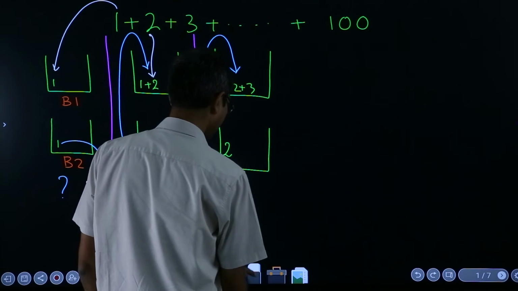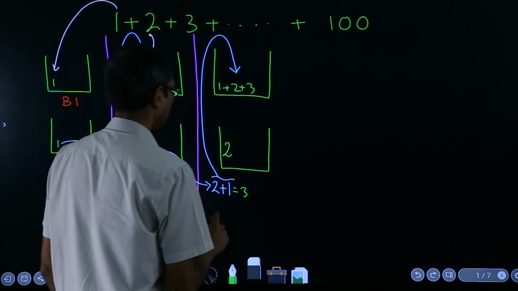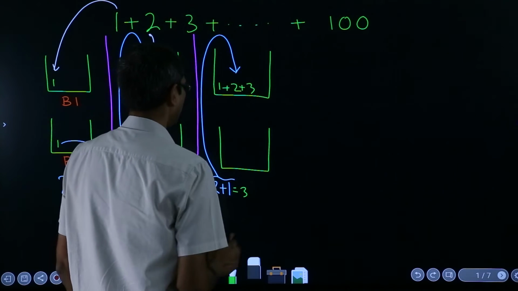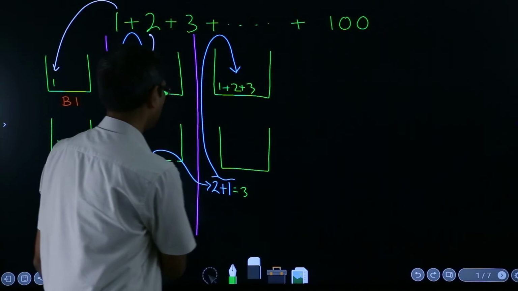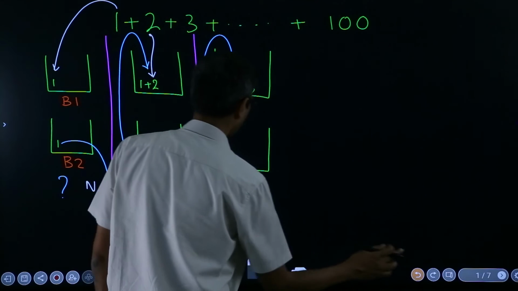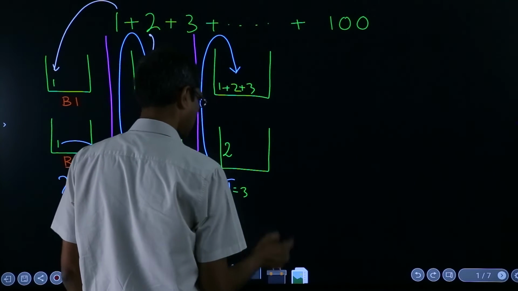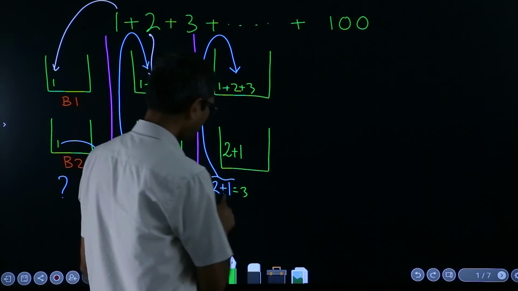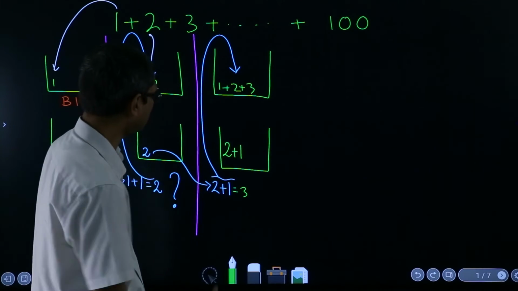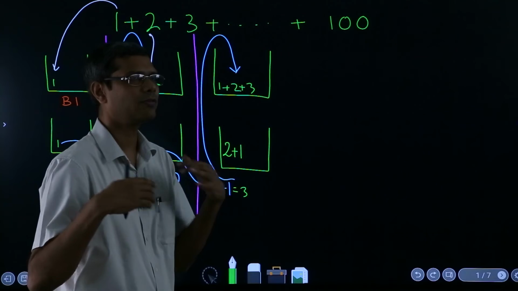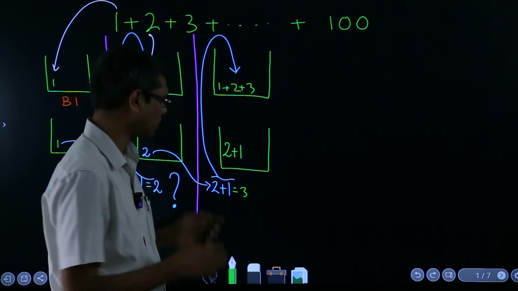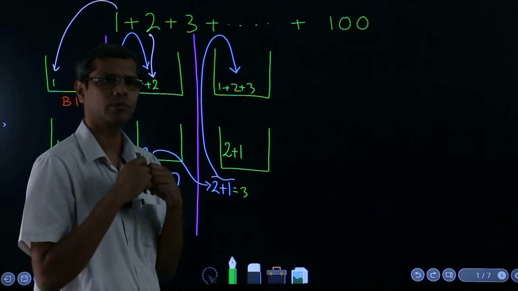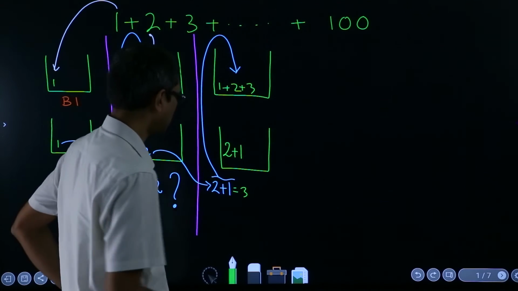In this step I don't have to remember anything, I just have to remember that whatever is there, I have to add 1 to that, nothing else.